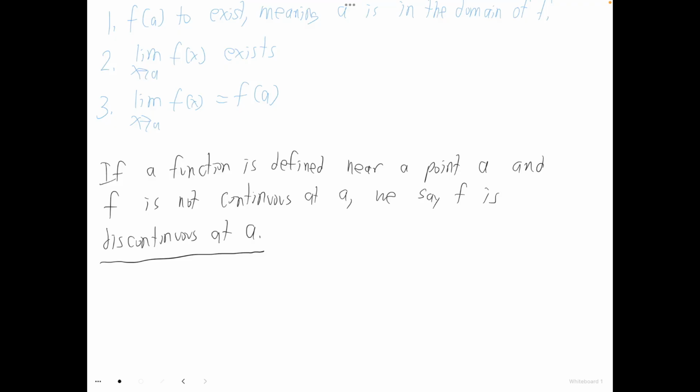But it tends to be the case that we actually look for places where we're not continuous, or discontinuous, rather than places where we are continuous when we're looking at graphs. And so let's look at the following example.